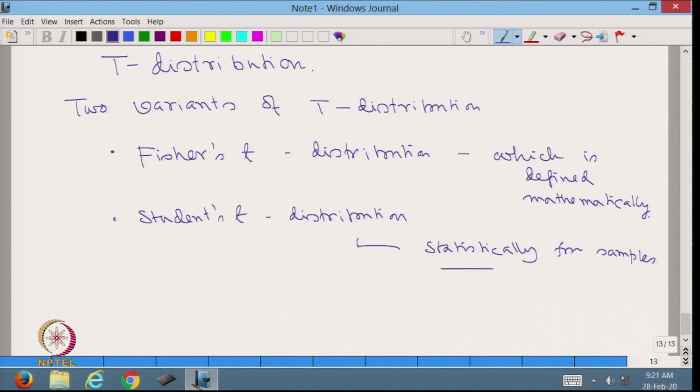This is important to know if some of you are going to use it in testing statistical hypotheses, but for this class we are sticking to Fisher's T distribution.